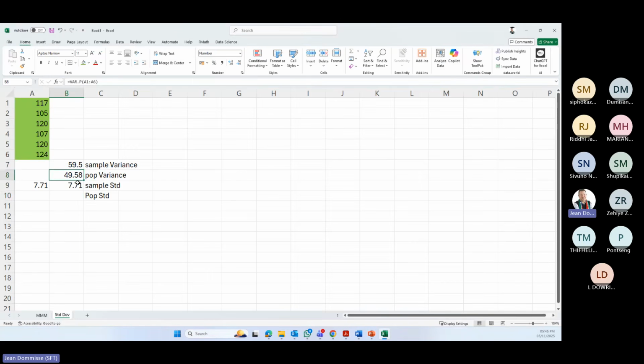And then if we look at population standard deviation, again, one can do it two ways. The square root of that. Wow. Oh, wait. I was now thinking, how can that be? Okay, 7,04.